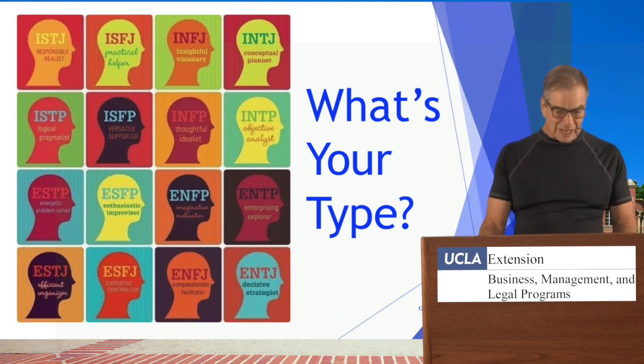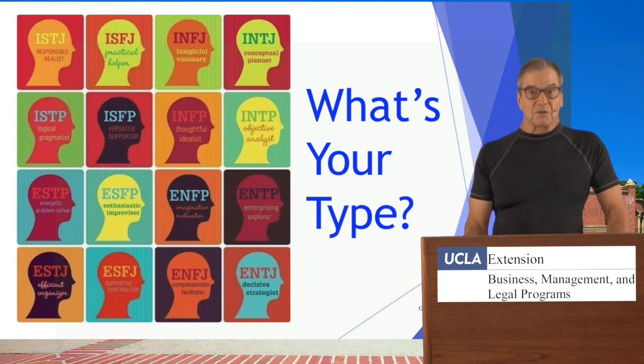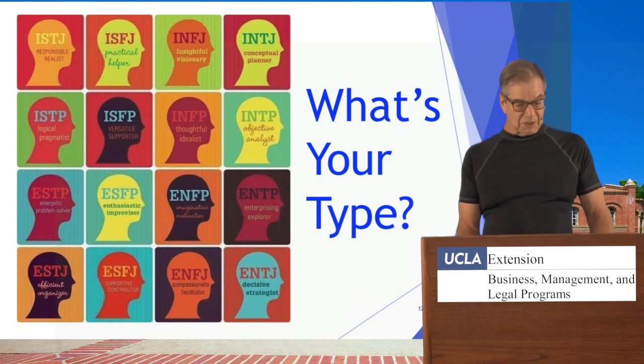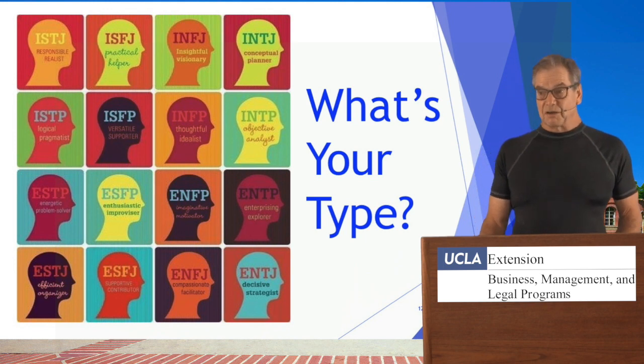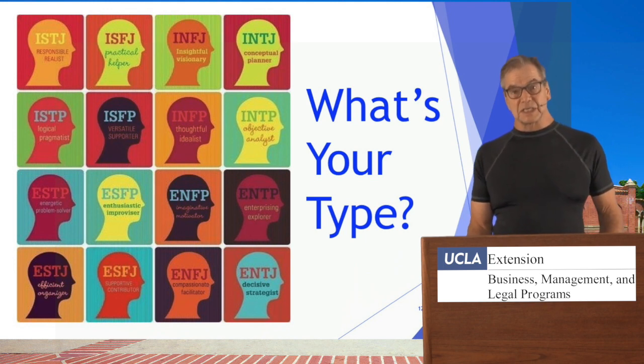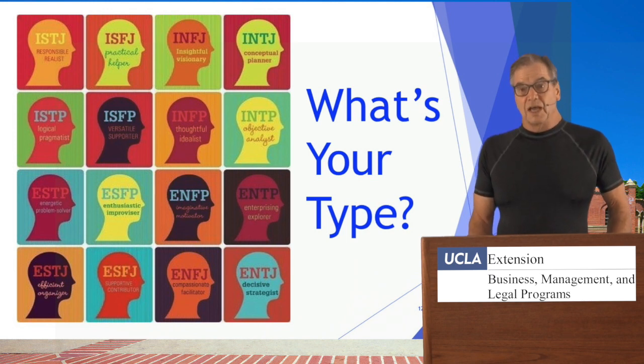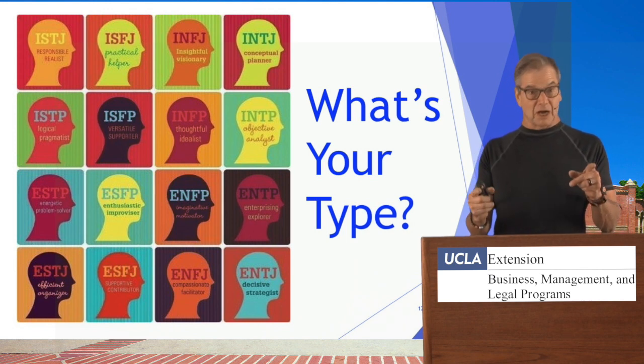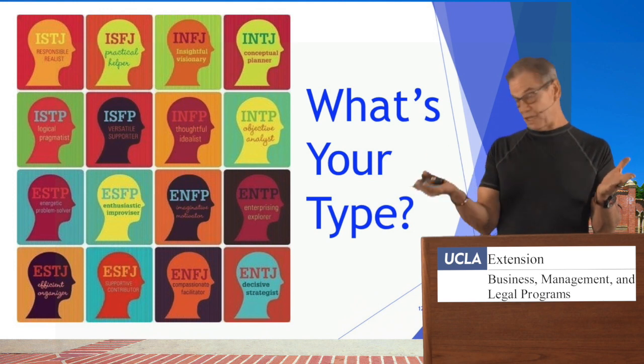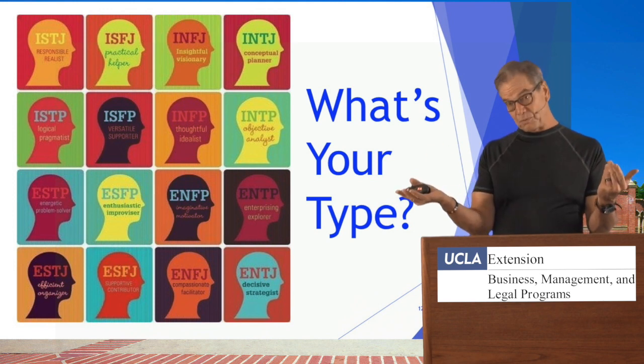So first and foremost, the Myers-Briggs type indicator is a system that has a total of 16 different types, or there's 4 dichotomies, and dichotomy meaning I prefer this side versus that side. It's better this way versus that way.